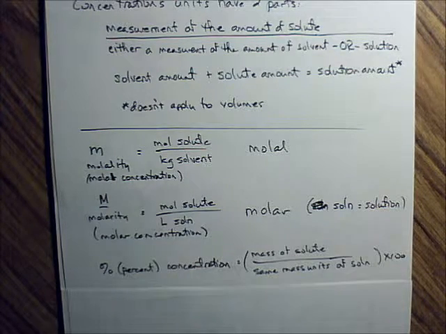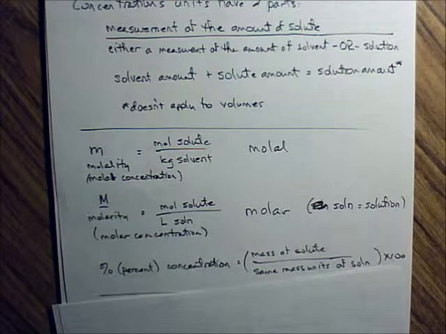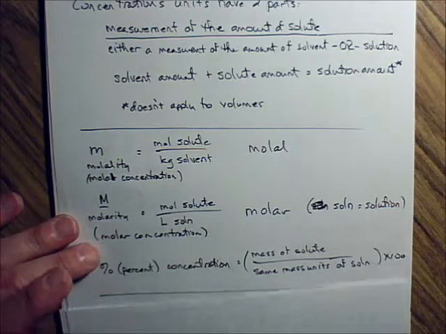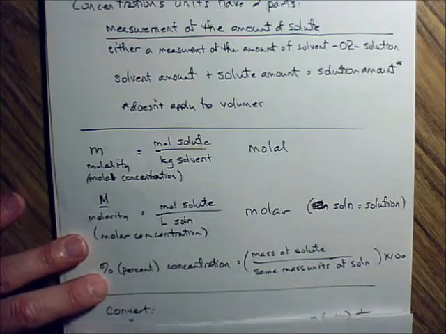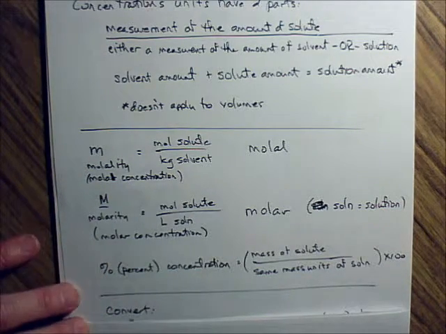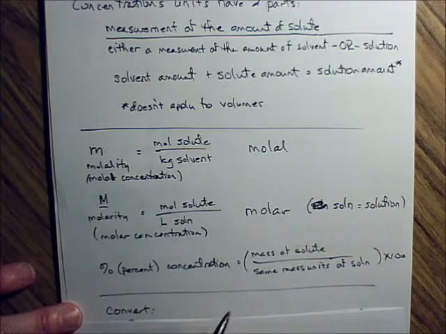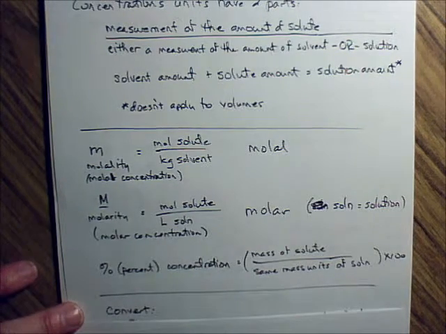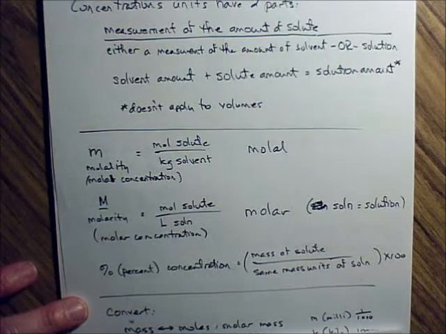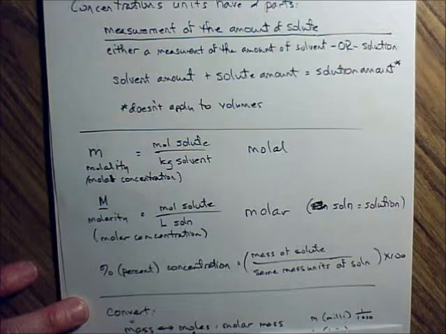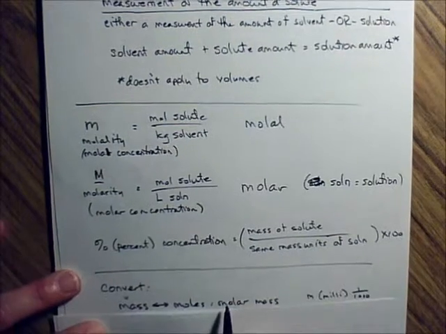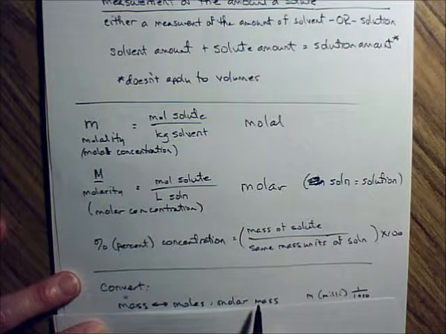So I'm reviewing. You're right, Carolyn. And Brandon, we're reviewing a little bit. All right, so now we're ready to do some conversions. Let me review some conversions that we need for calculating concentration. Remember, if we're going to convert from mass to moles, we always have to use molar mass.